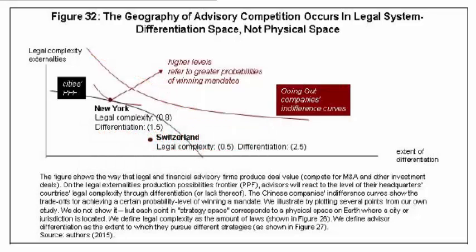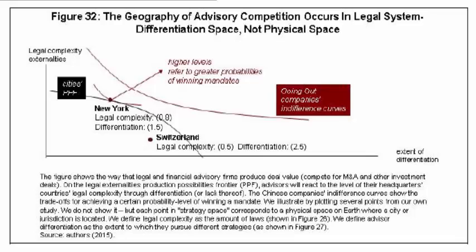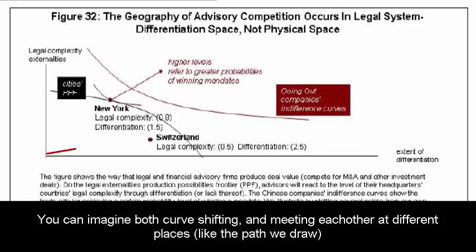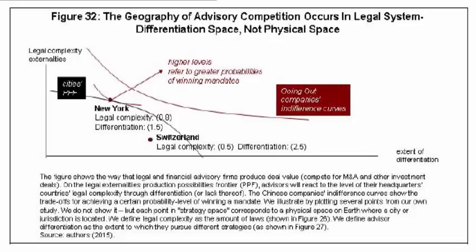A very complicated state-owned enterprise might require relatively large amounts of differentiation and access to complex financial law, whereas other types of companies just don't need it, so why pay the expense? So the goal is to match, at various levels of differentiation and legal complexity, these advisors with companies. And that's the basic model that we use in order to get our paper going. And we use probabilities, which we will describe in the appendix to this paper.